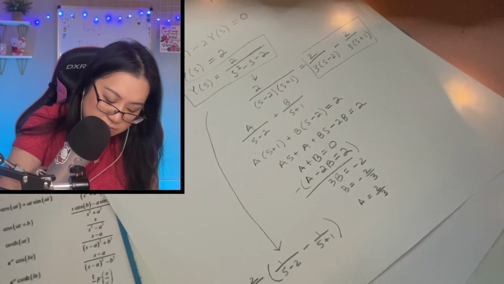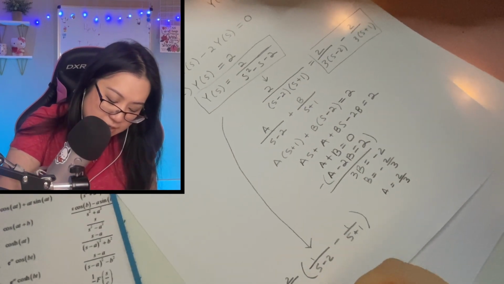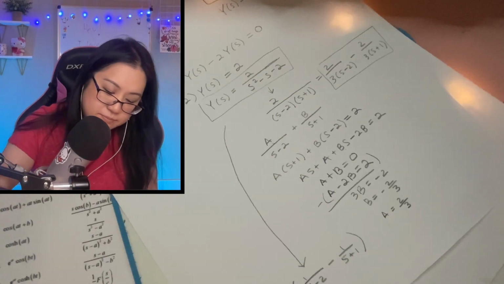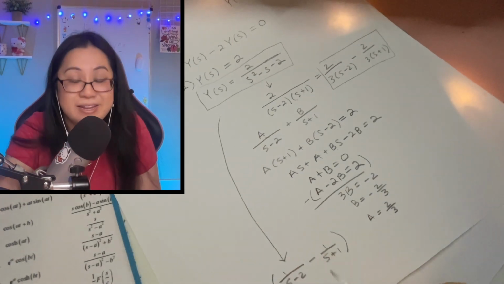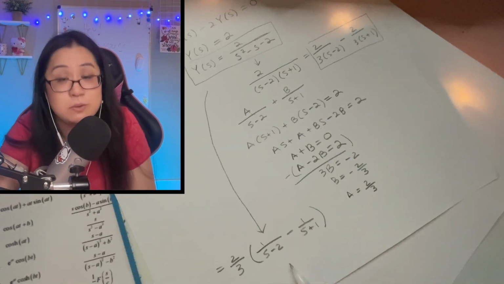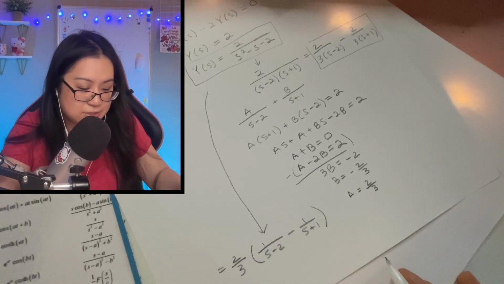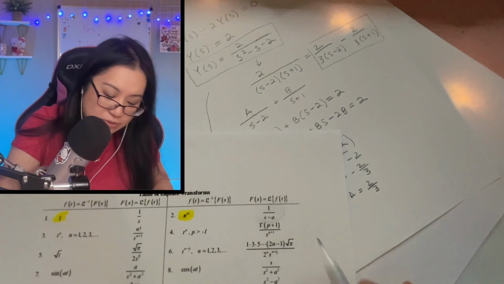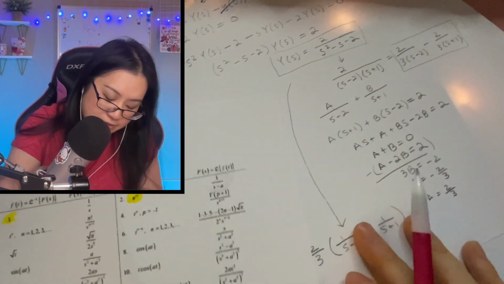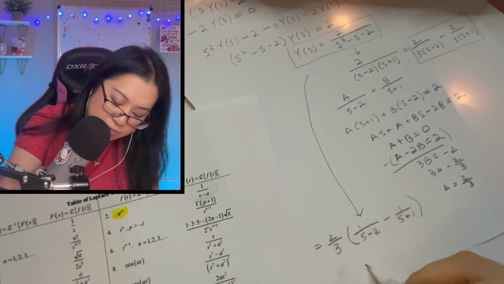So, okay, that's it. That is still my Laplace transform of my function, but written in a way so that we can get our inverse Laplace. So again, from our table, I want to take the inverse Laplace of this to actually get y of t.